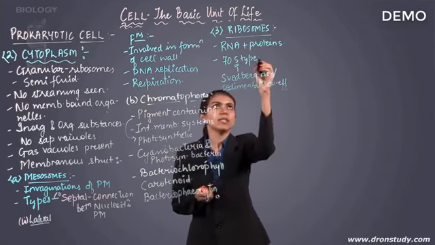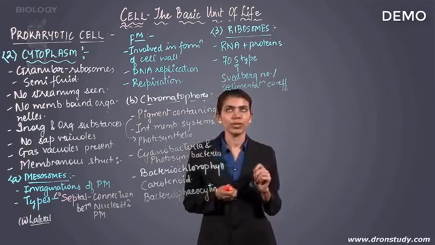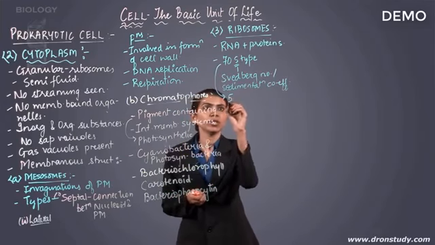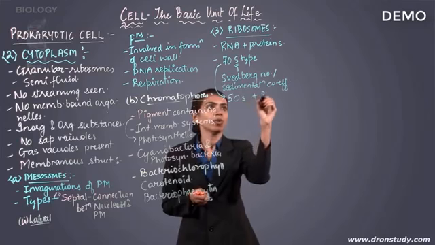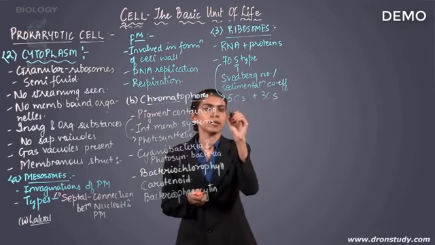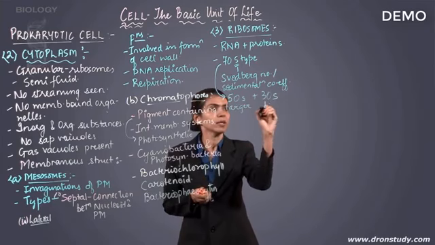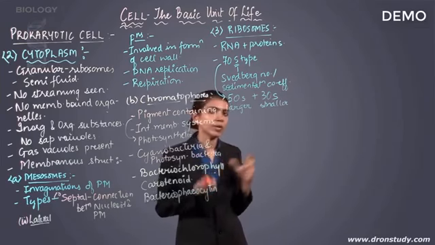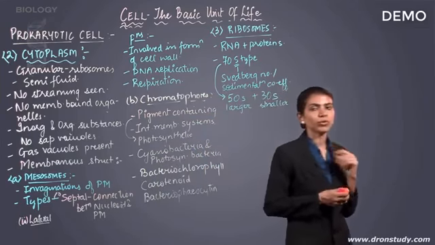Further, this 70S type is again made up of 2 units. The 70S type is made up of a larger unit which is 50S and a smaller unit that is 30S. So the 50S is larger and the 30S is smaller. Further, the ribosomes present in the cytoplasm are of 2 types.